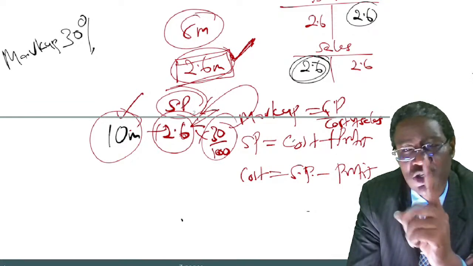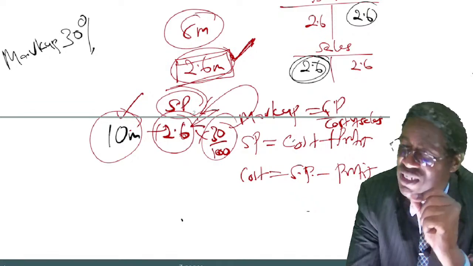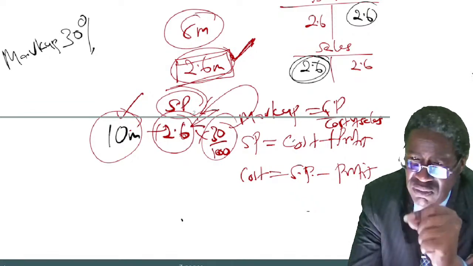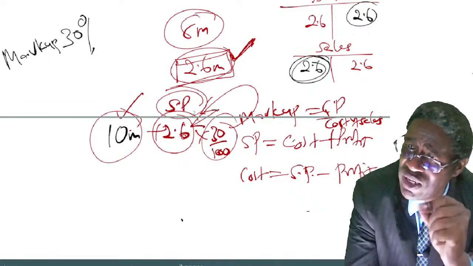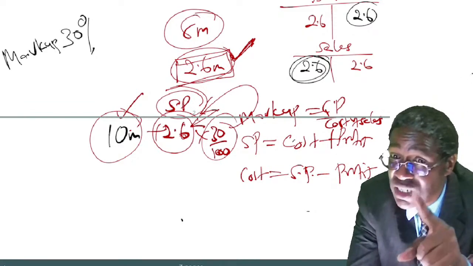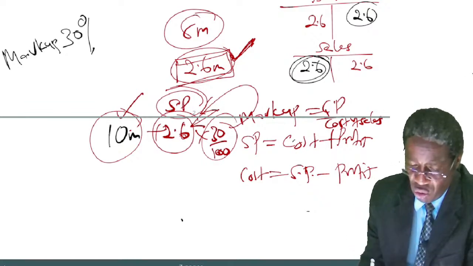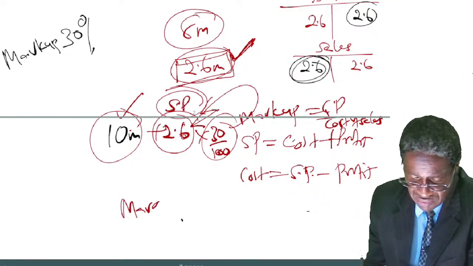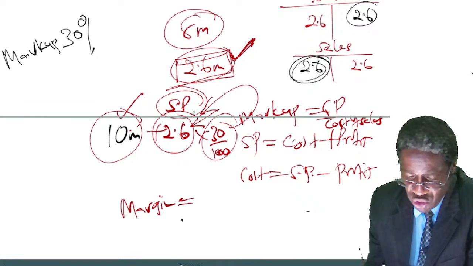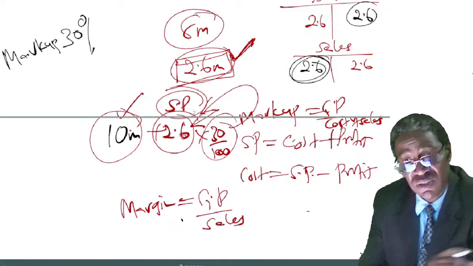For this question, the other tricky part was that, because you are given markup and you are given selling price, you did not need the markup. You needed what we call margin, because margin is GP divided by sales.